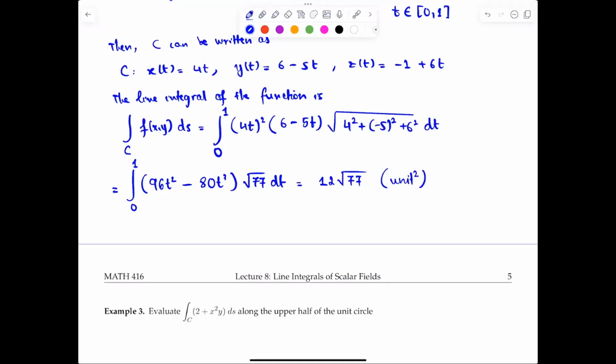And this is in square units. Good. Any questions?